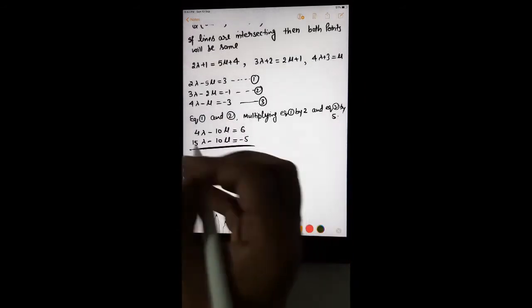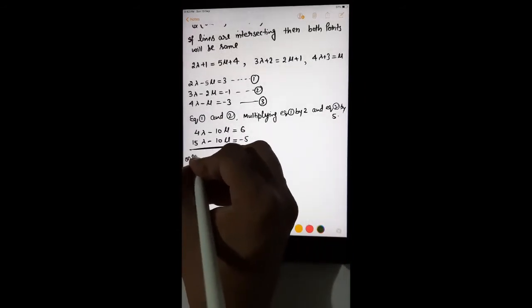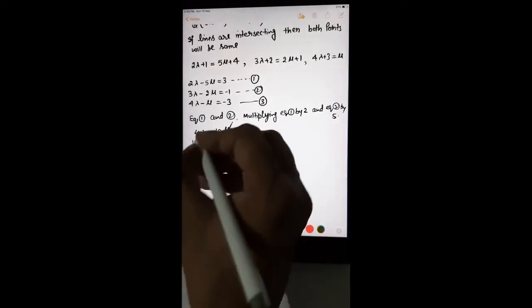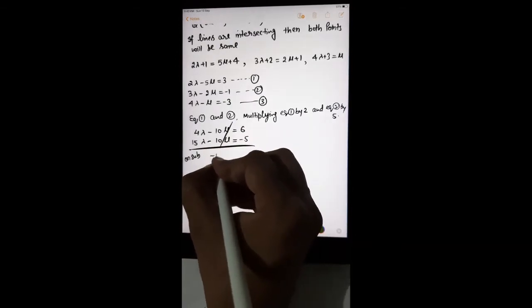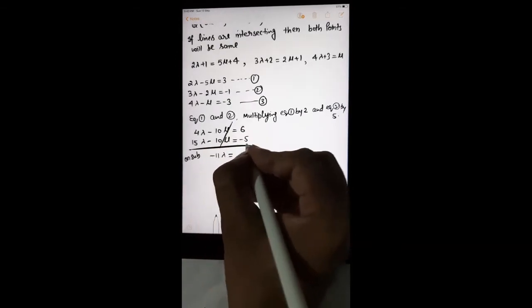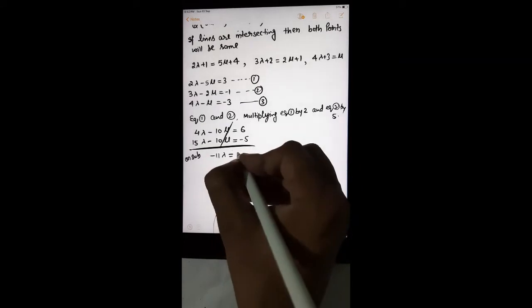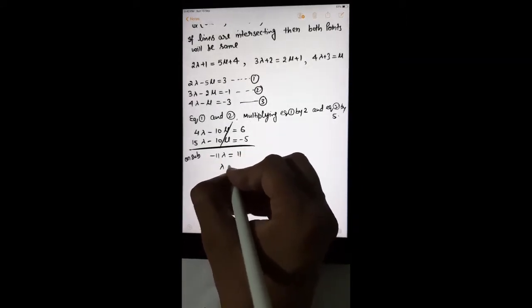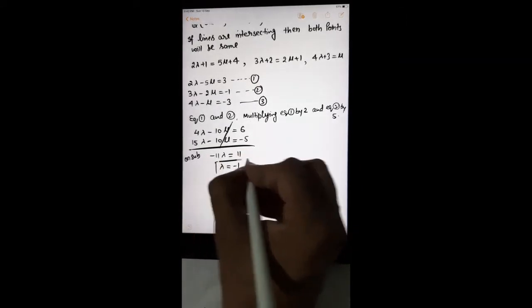Now on subtracting, the mu terms cancel out, and 4 minus 15 is minus 11 lambda, and here 6 plus 5 is 11, so the value of lambda is minus 1.